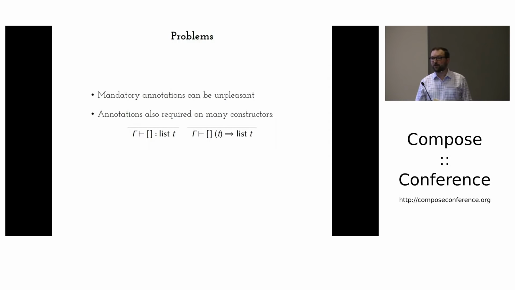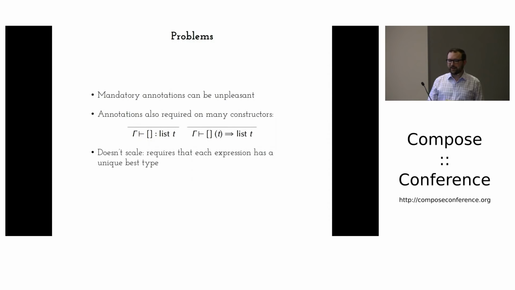Even worse is that we also need annotations on many other constructors. So for example, the empty list does not have enough information to tell us the type of entries in that list. So in order to be able to synthesize a type for the empty list, we actually have to stick a little notice there saying, hey, it's going to be a T. And that's starting to look unpleasant.